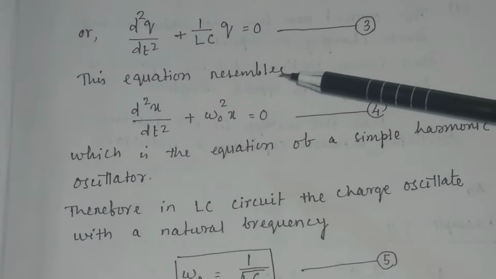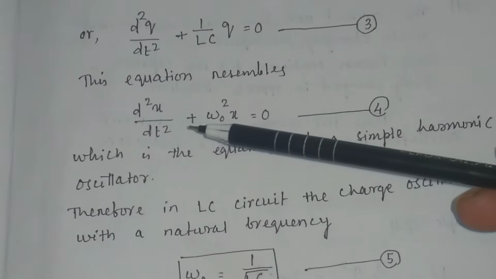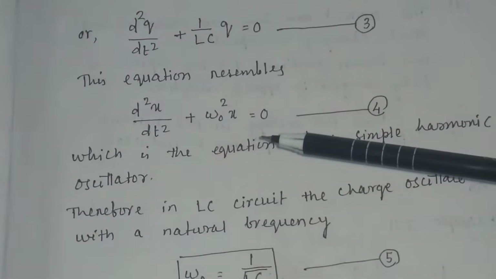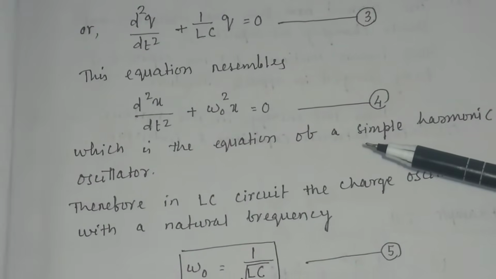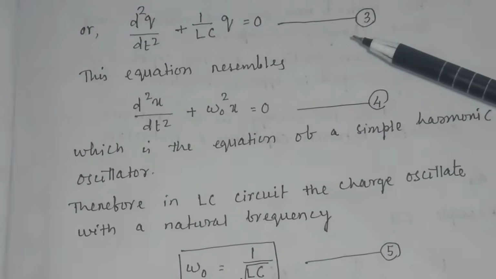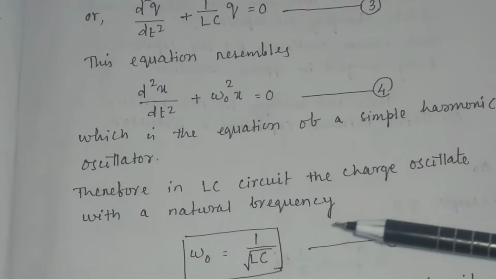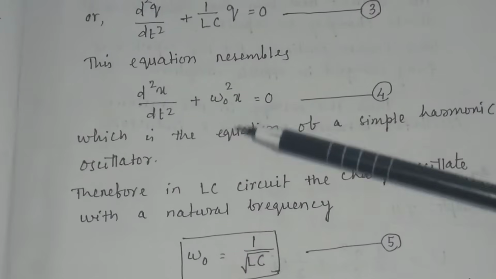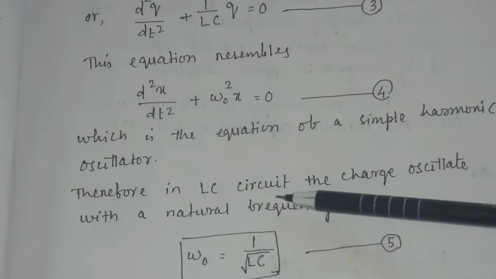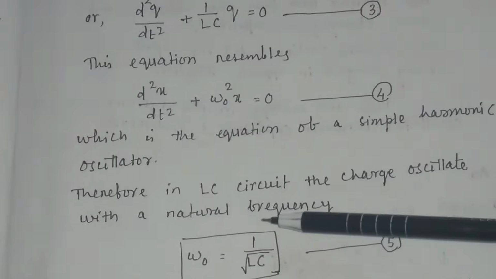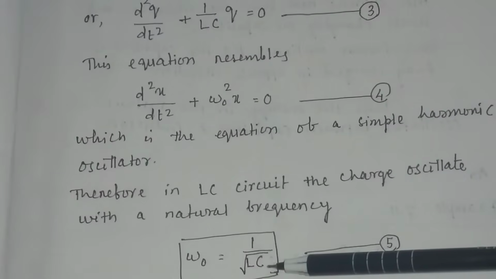This equation resembles the second derivative of x with respect to t plus omega 0 square x equal to 0, which is the equation of a simple harmonic oscillator. So if you compare equation 3 and equation 4, you will get omega 0 equal to 1 by square root of LC. Therefore, in an LC circuit, the charge oscillates with the natural frequency omega 0, which is equal to 1 by square root of LC.